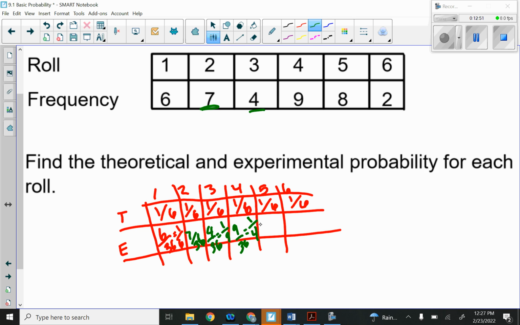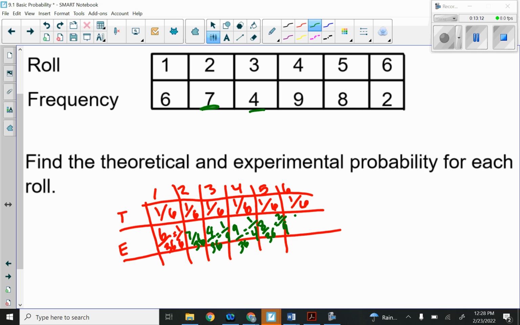And then a 5 8 out of 36 times, which is 2 out of 9.